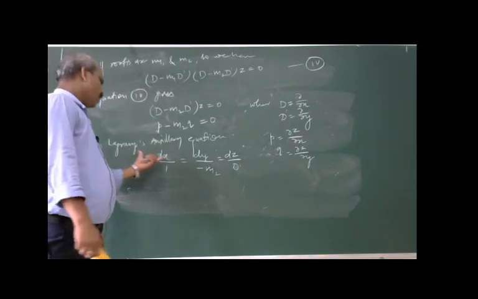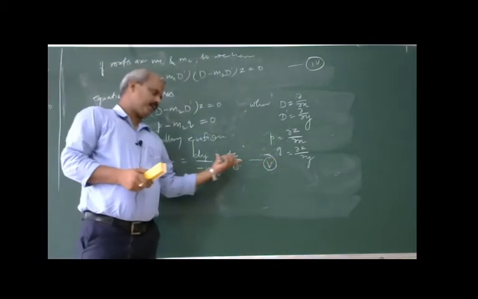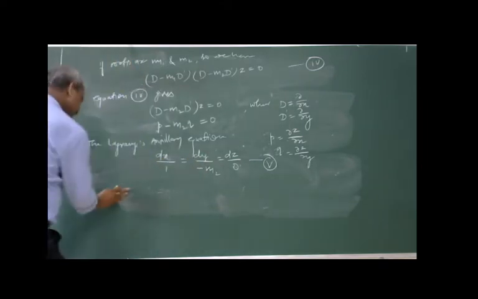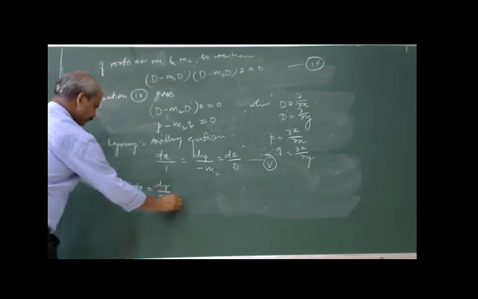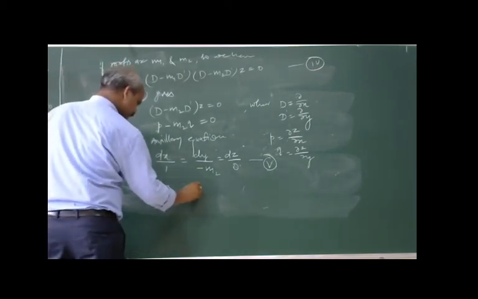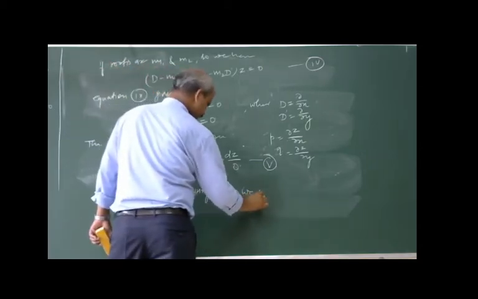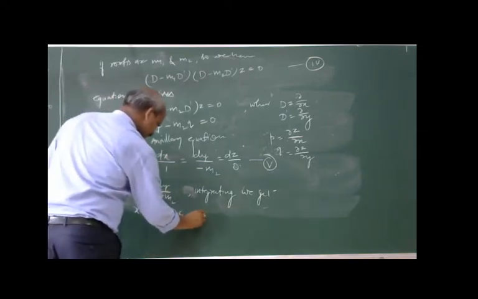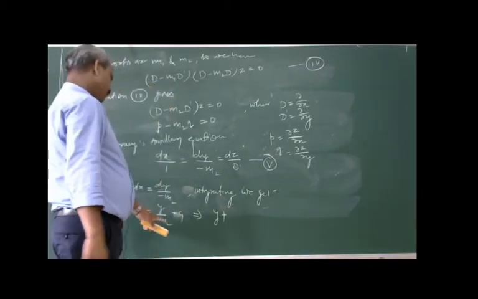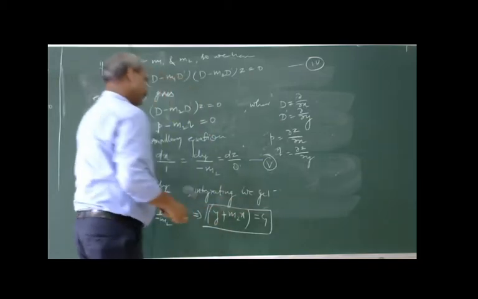This is the Lagrange's auxiliary equation, and with the help of this equation, this is fifth equation, by taking two fractions at a time, if we take dx and dy by minus m2, after integrating we get x is equal to y upon minus m2 plus c1, which implies y plus m2x is equal to c1. This is the first solution which is obtained from this.